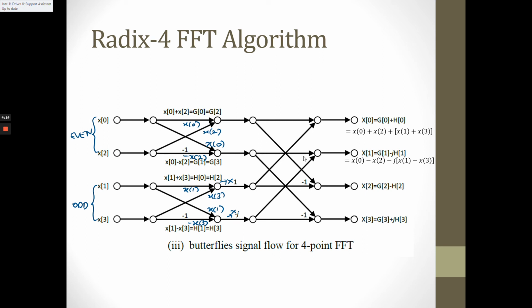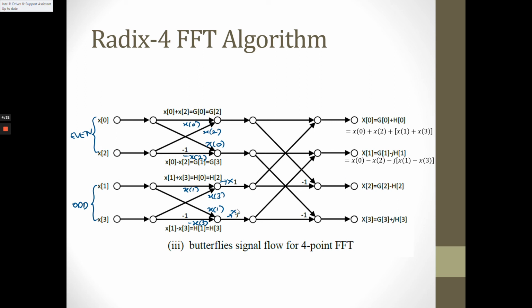The next one, for x1, from this one, x0 minus x2, plus this function, which will be multiplied with negative j, so we have negative j here.